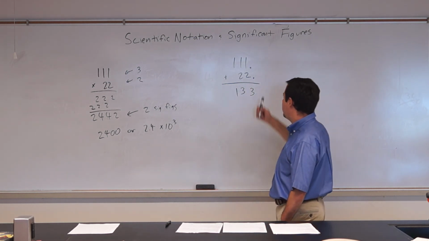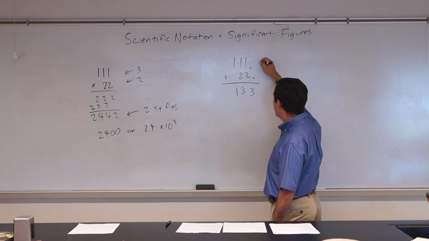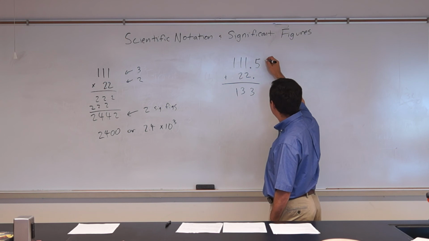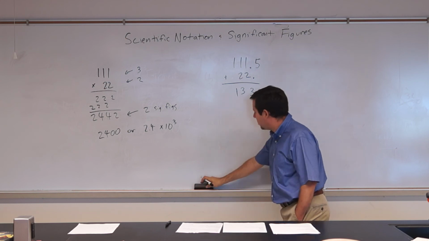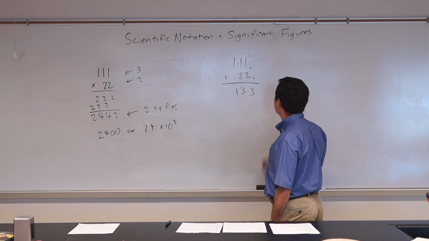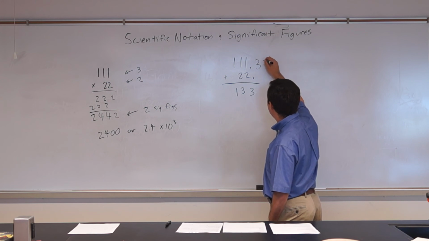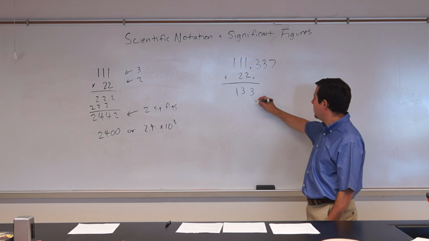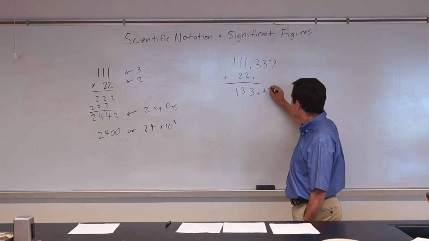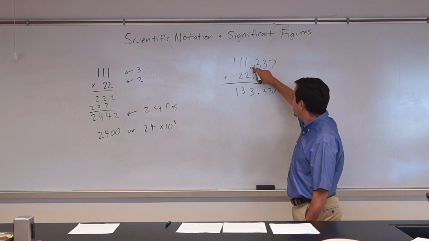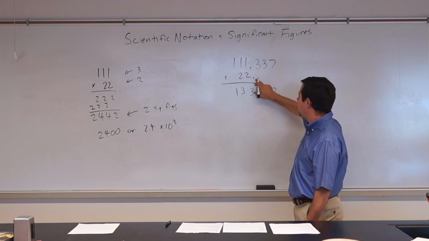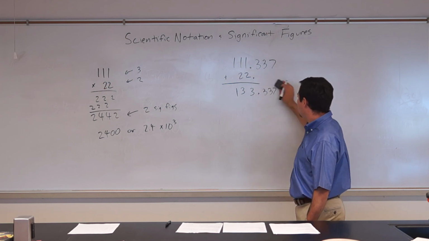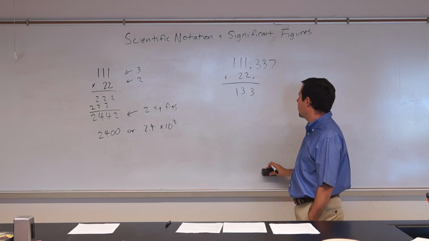Now let's say you added the number 0.337 plus 22. Your answer would be 133.337, but you can really only have an answer that goes up to this point, the decimal point. So your answer will actually still be 133.